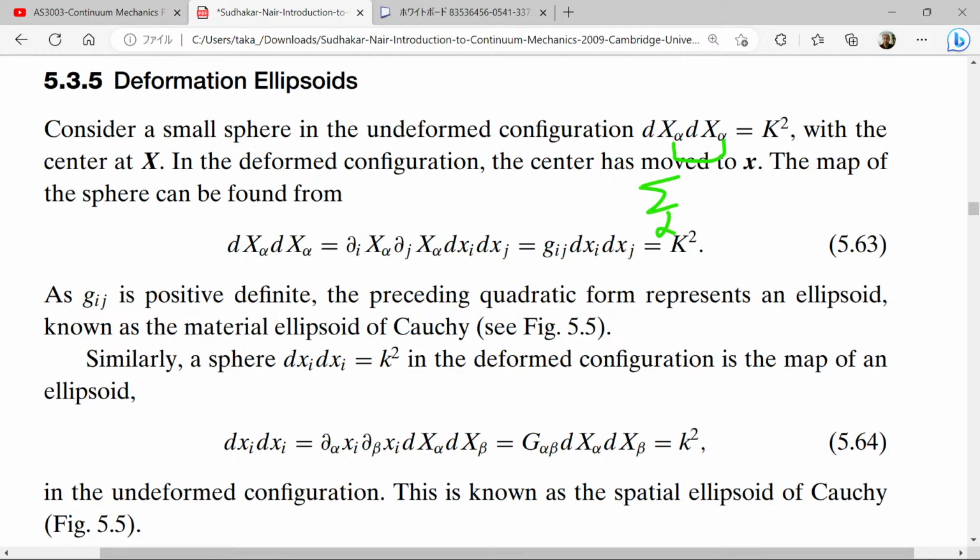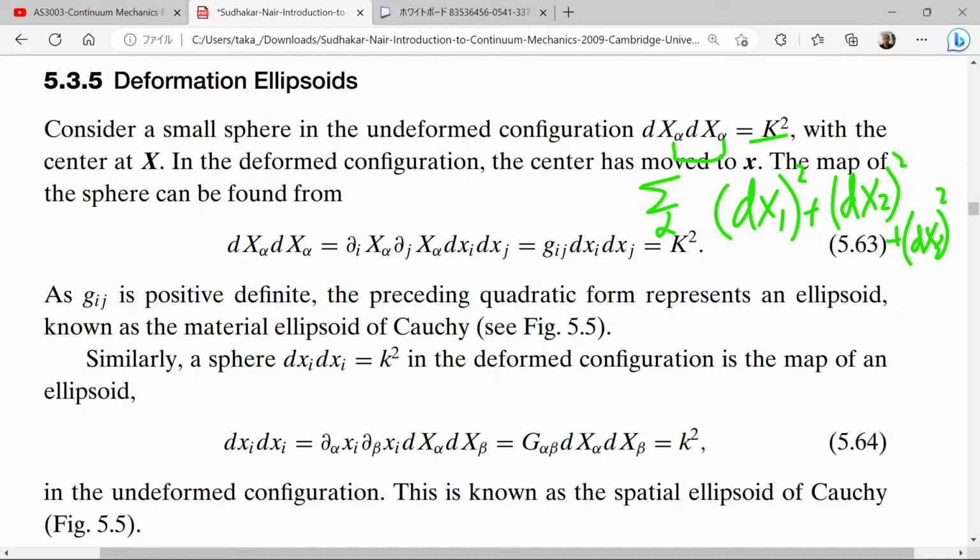That means dX1 squared plus dX2 squared plus dX3 squared equals k squared. So this is the equation for a sphere with the center at X.